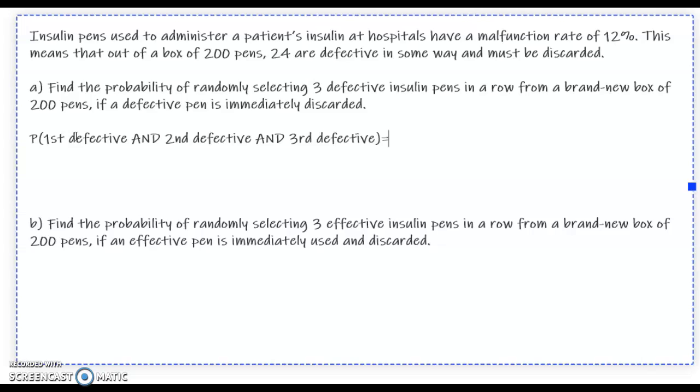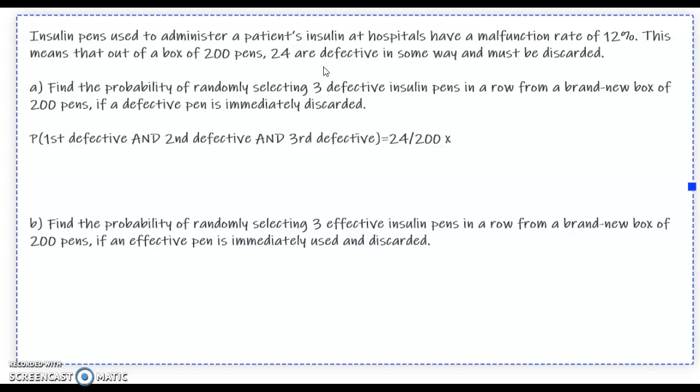Well, how many defective pens are there? We know from up here in the problem, 24 of them are defective. So the probability of drawing a defective pen would be 24 out of 200. So far, so good?